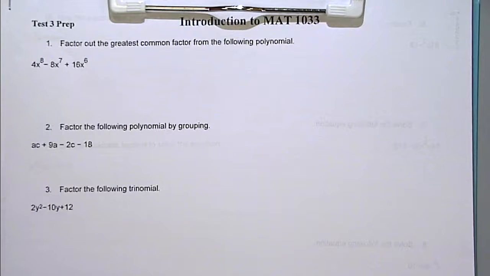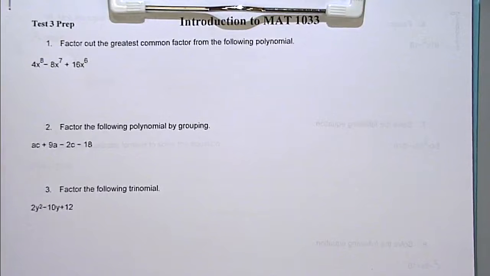The first one, of course, and guys, in these tests, one of the most important things is read the directions, okay? They give you tremendous hints in the directions to the problem. This one says factor out the greatest common factor. That is all you are required to do for this problem, okay?